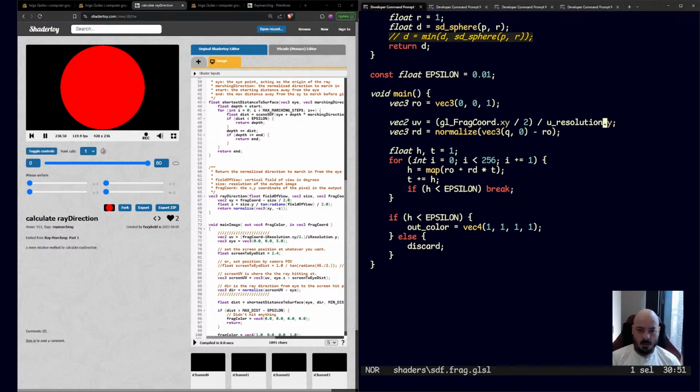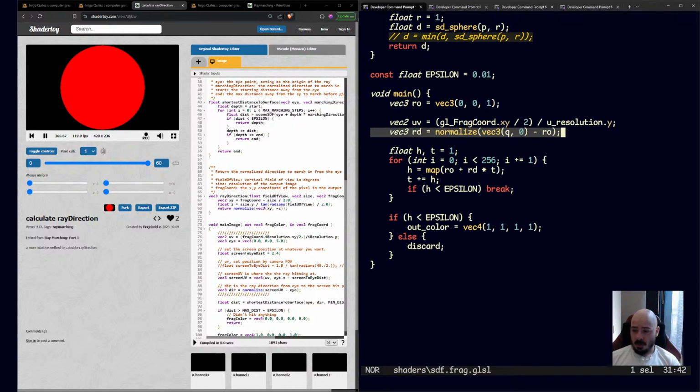Okay, that gives us the xy divided by 2, divided by the height. Yeah, I don't get it. I think I, in his case, is the... no, I don't know what that is actually. So I is going to be the ray origin, isn't it? Isn't that what ray origin is?